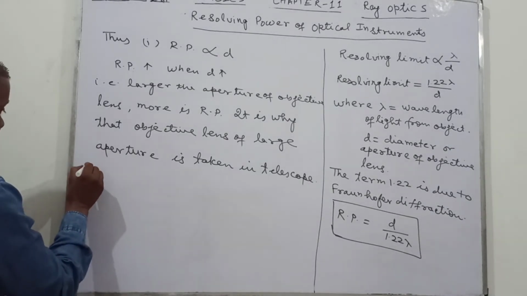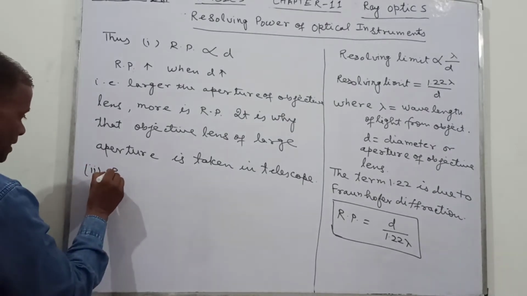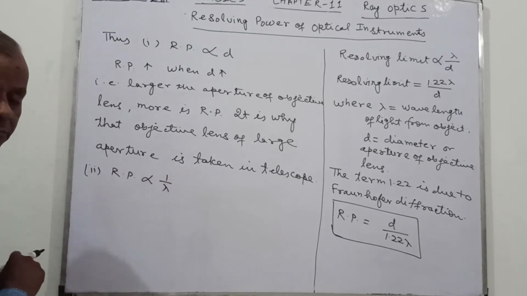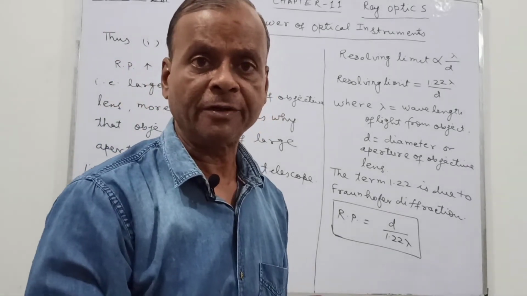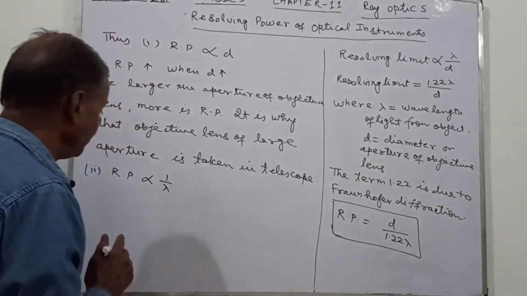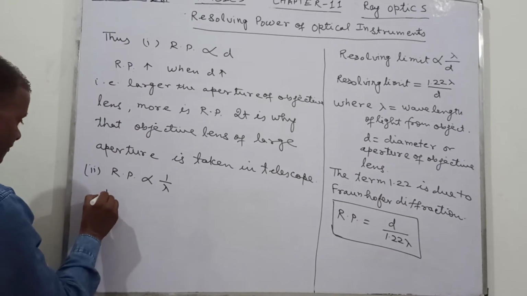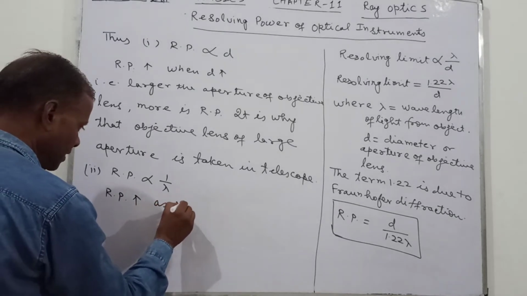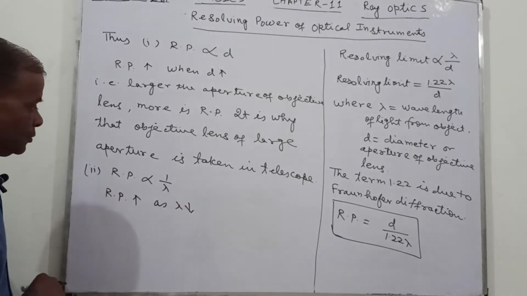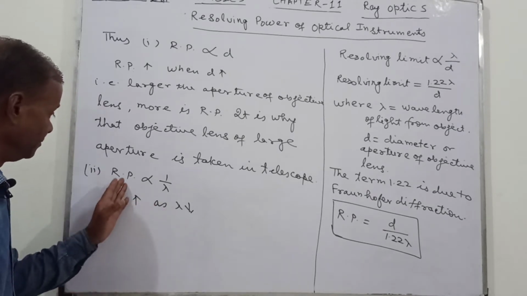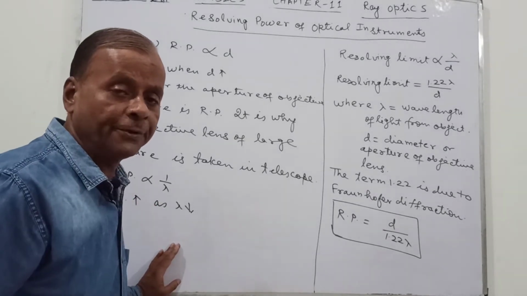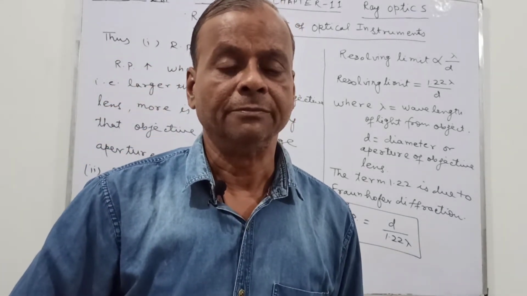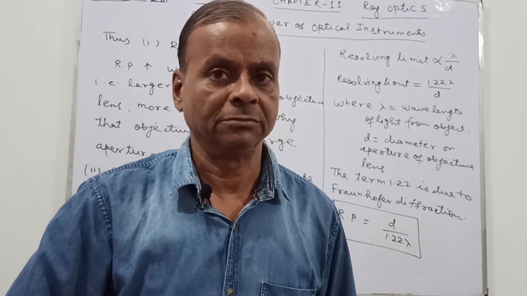And so second is what? That this RP is proportional to 1 upon lambda. So minimum the value of lambda, larger is the RP. So we have RP increases as lambda decreases. But there is a problem, because this lambda cannot be controlled.